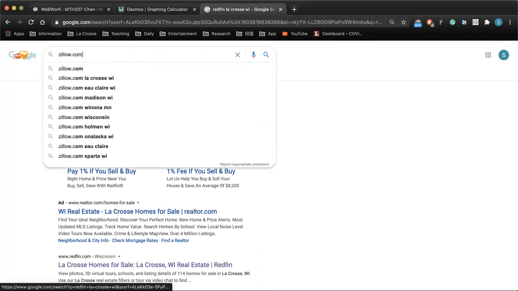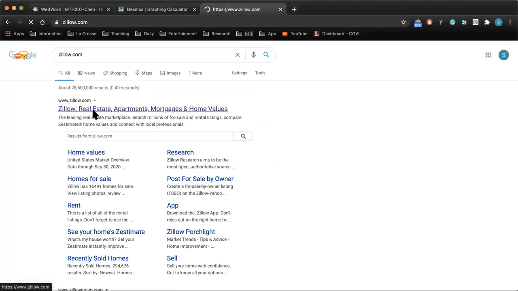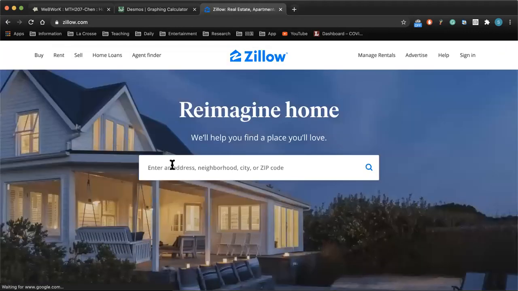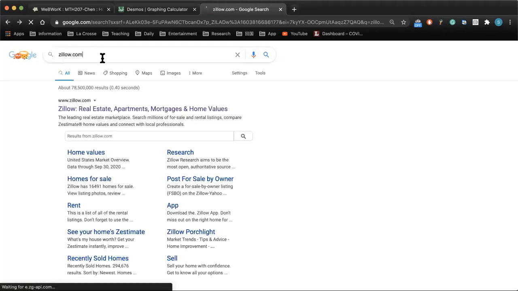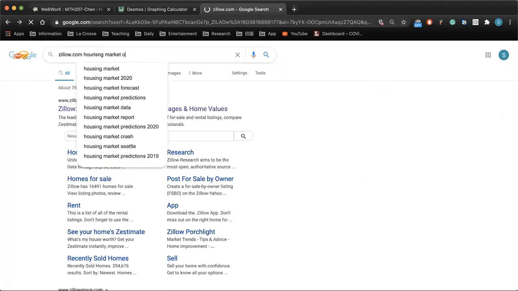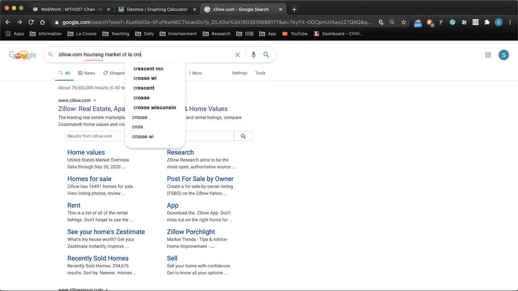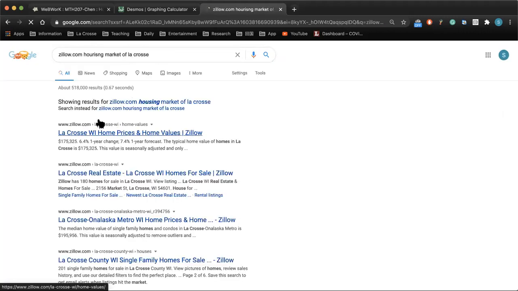I tried to find it, but I couldn't do it easily. If you go on Zillow, let's see, Zillow housing market of La Crosse. Let's see if I can find the graphs. Otherwise, I can find the image.